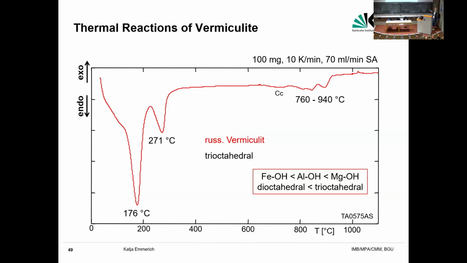And therefore the dehydroxylation takes place at very high temperatures because we have magnesium in the octahedral sheet. But what is also important to know is that the dehydration of vermiculites takes place at higher temperatures compared to smectites, because layer charge is higher, we have more interlayer cations, and the interlayer cation most of the time is magnesium with a very high hydration energy.